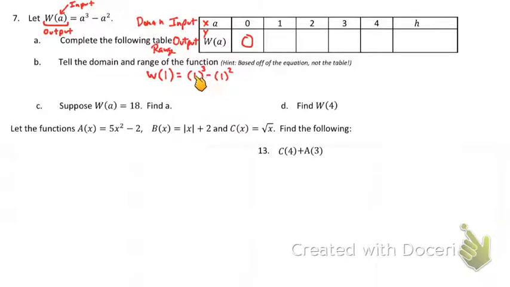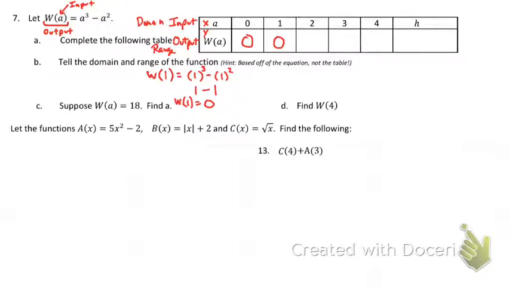We're going to evaluate 1 to the third is 1. 1 to the second is 1. 1 minus 1. And what do we get? We get 0 again. So my input was 1 and my output was 0. Okay?